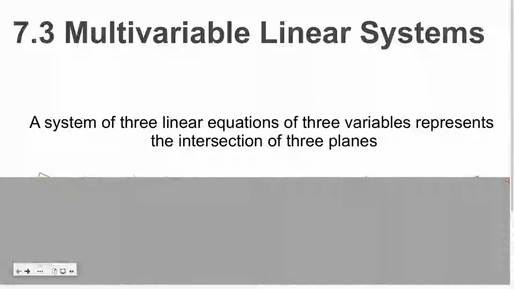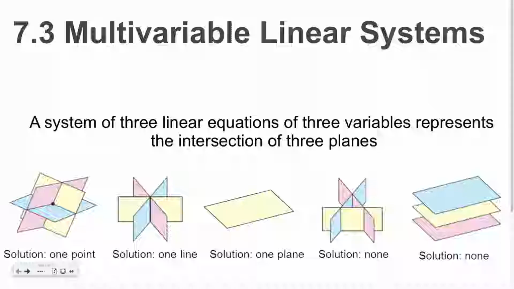I heard it from over here and I heard it from over here. I don't know who said it. It's a plane! Yes. Okay? So once we get into three variables, if all of them are linear, it represents a plane.